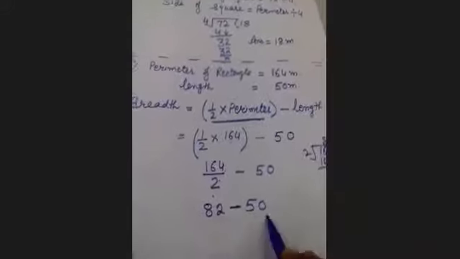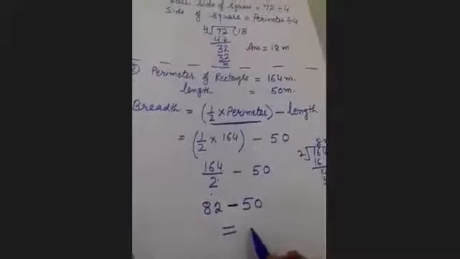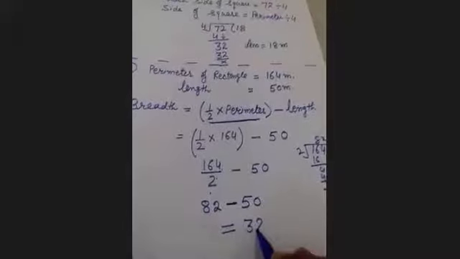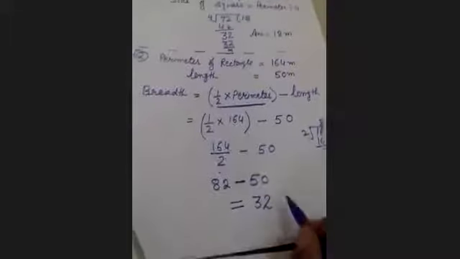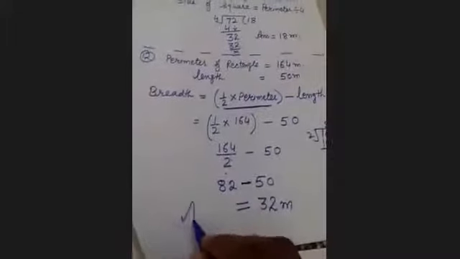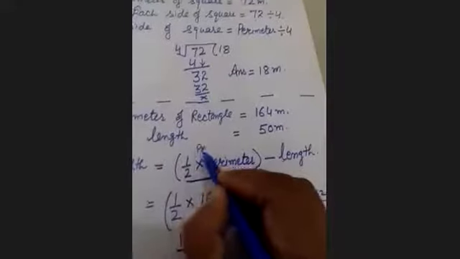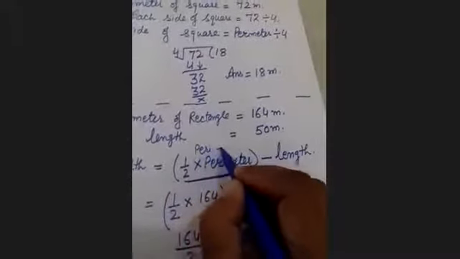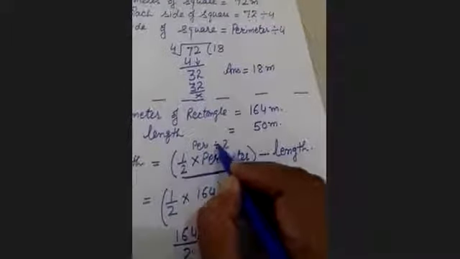Now 82 minus 50 is 32. So width is 32 meter. So here we can write perimeter divided by 2.